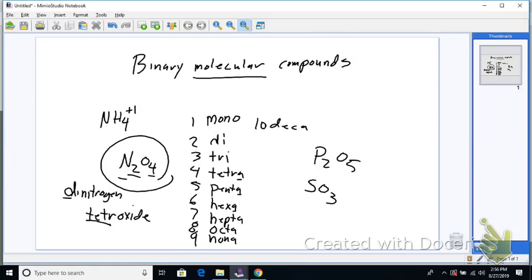So what's P2O5? Diphosphorus pentoxide. So this is diphosphorus pentoxide. And then the next one would be, if you notice, they all have IDE endings, and the first one is the name of the element off the periodic table. So that would be sulfur.